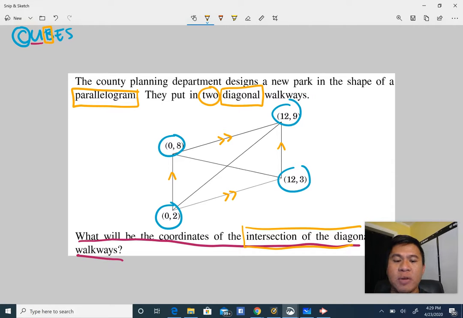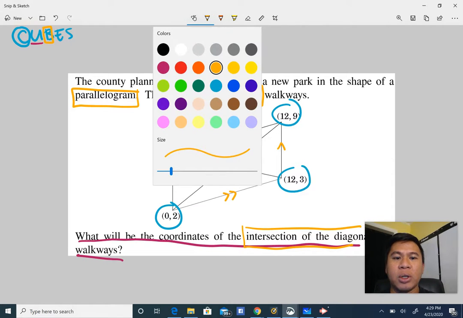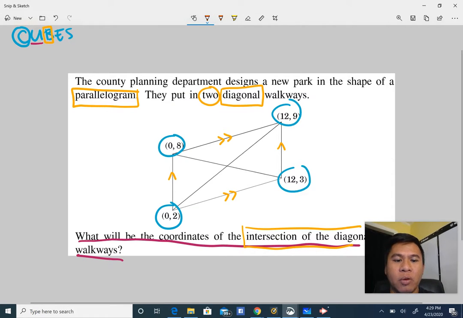So as we may see from our illustration, looking at the diagonal from (0, 8) to (12, 3), that only means that this point is in fact the midpoint between these two endpoints.